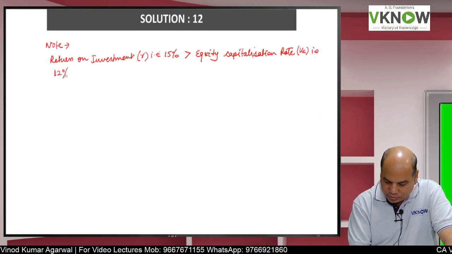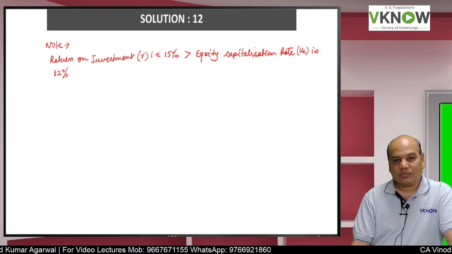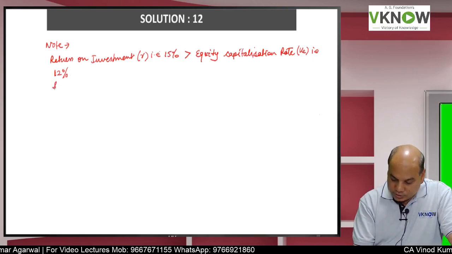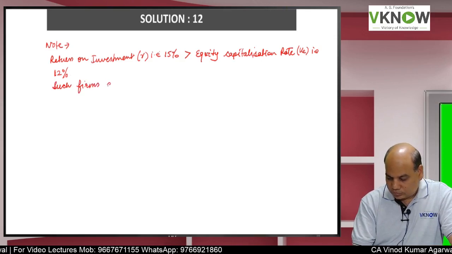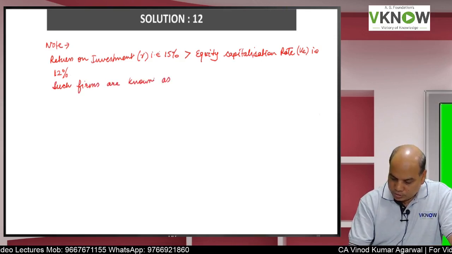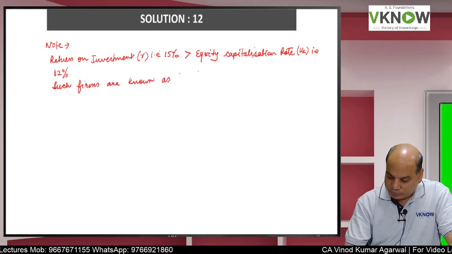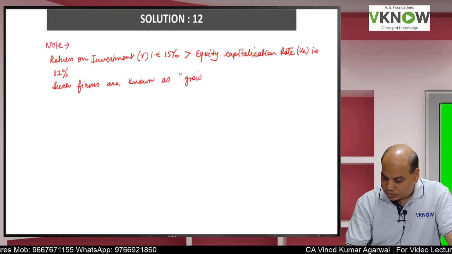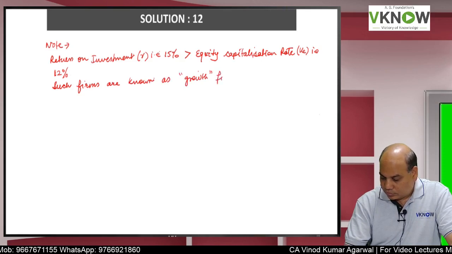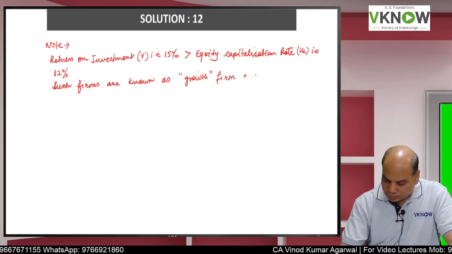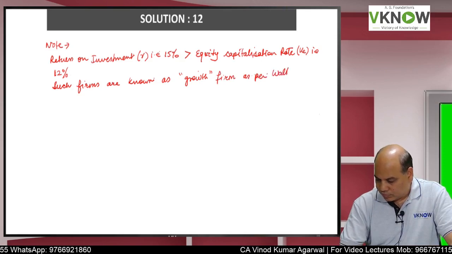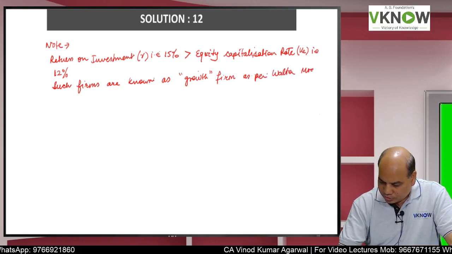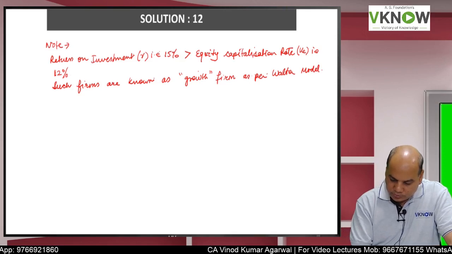This way you write, don't leave anything. Such firms are known as, what are they known as, growth or declining? Growth firms. Such firms are known as growth firms as per Walter model.